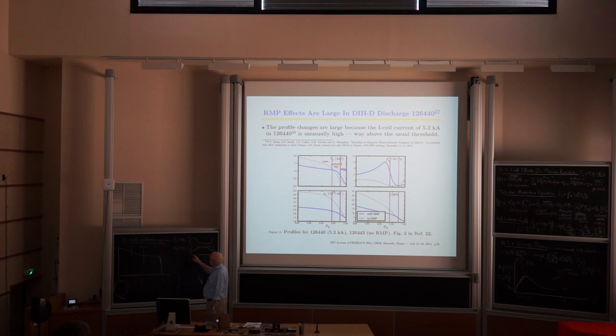On the other hand, ASDEX came up with a mode of operation in which when they turned on the neutral beams, the pressure went up. Hey, that's what we want, right? Not that we're pumping things out faster, but we're actually going up. And so he called this the H mode, high mode of operation.